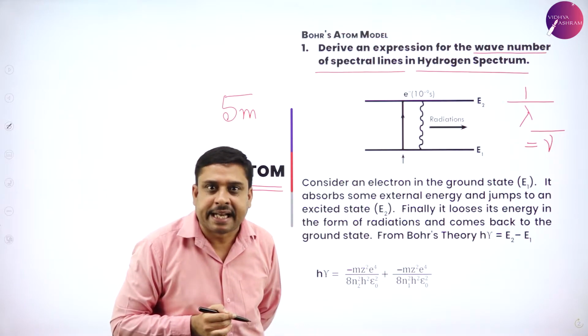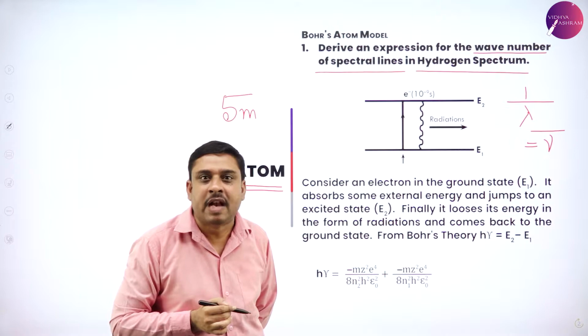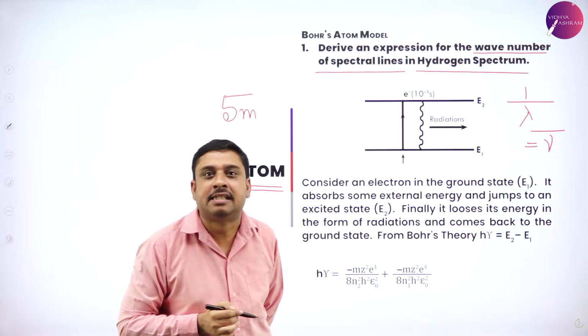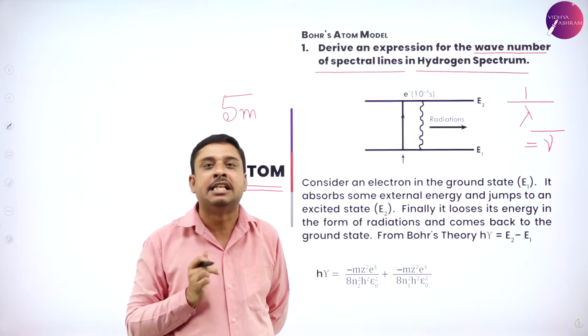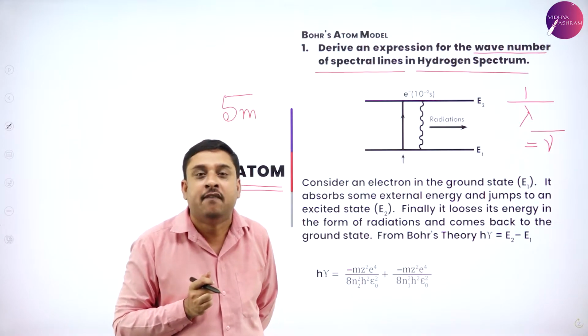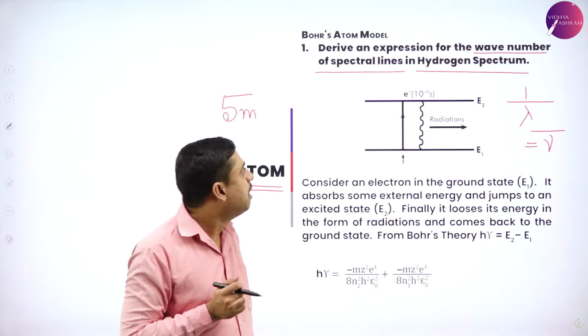So mathematically, wave number is represented as the reciprocal of wavelength.